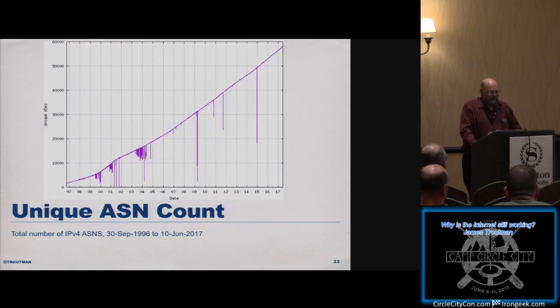Here's a graph of the last, since 96, of unique ASNs. This is worldwide. So there's over 55,000 entities worldwide that are participating in the internet. And that entity can range in size from literally a single person who's probably a network engineer with too much time on his hands, who sets something up for himself at his house.